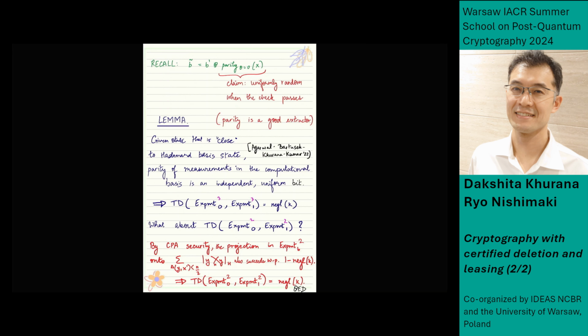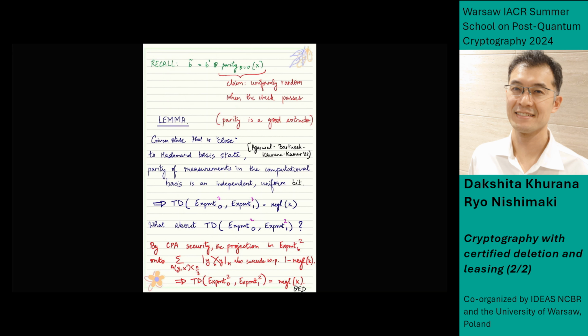So in the third experiment, we don't have any information about theta from the view of the adversary. We can say that the trace distance of the third experiment, in the case of b equals 0 and b equals 1, is negligible. But what we want to show is that the trace distance of experiment 2 sub 0 and experiment 2 sub 1 is negligible, which is different from the third experiment.